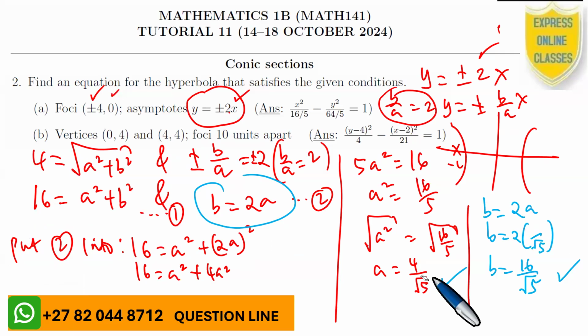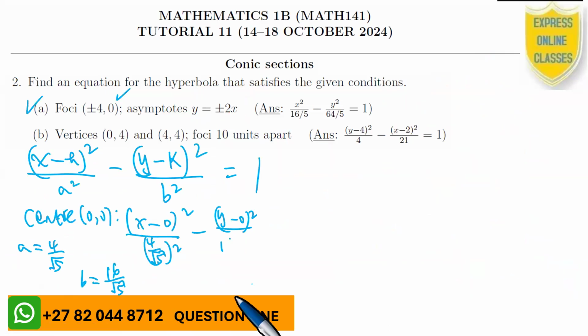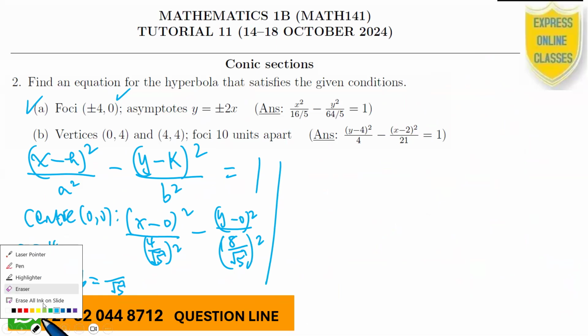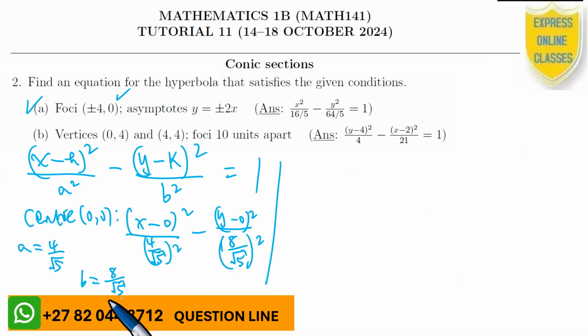The A is 4. So this is going to be 4, then getting 8. Eight over the square root of 5. So now the B is 8 out of the square root of 5, and then you square everything.